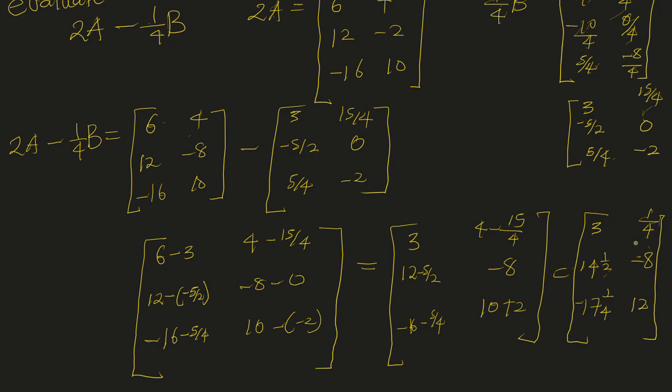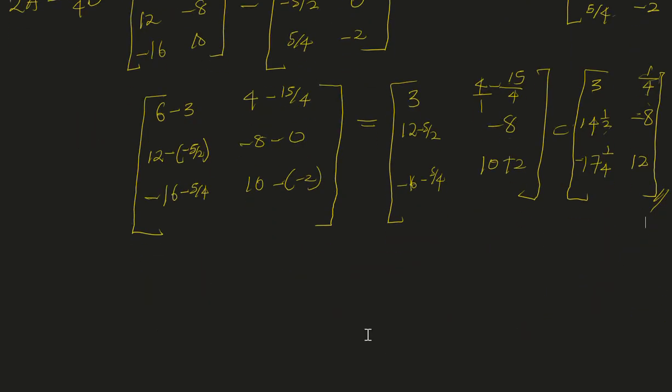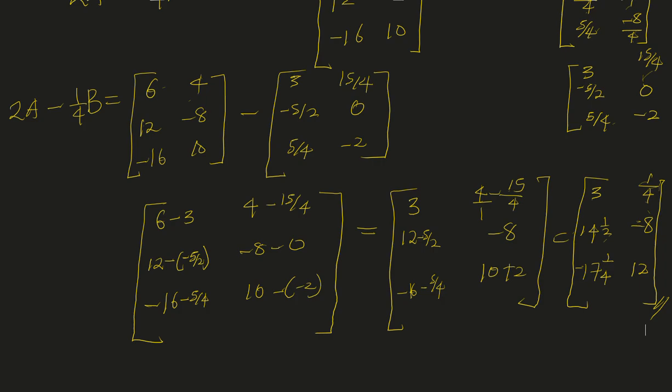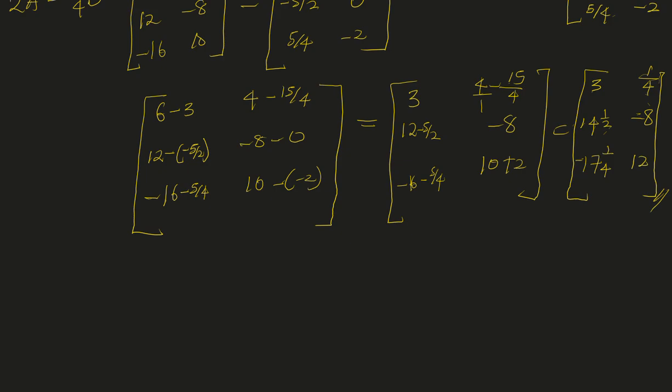You just find the LCM: 4 times 4 is 16, 16 minus 15 is 1, and that is 1 over 4. That gives us the answer. It is very simple and straightforward. Nothing new, still the same thing.